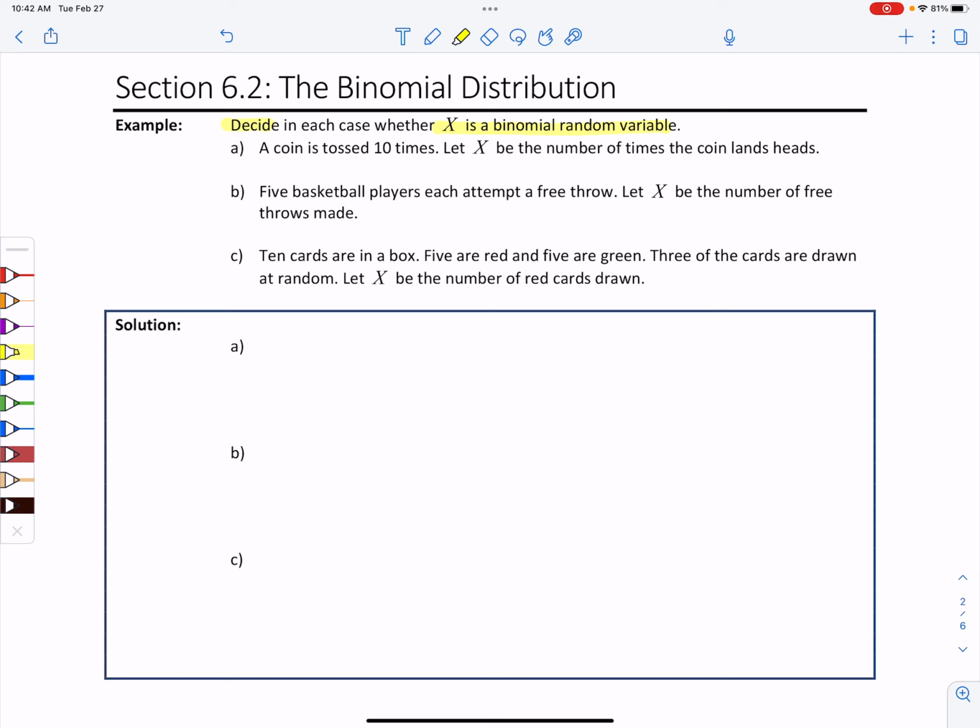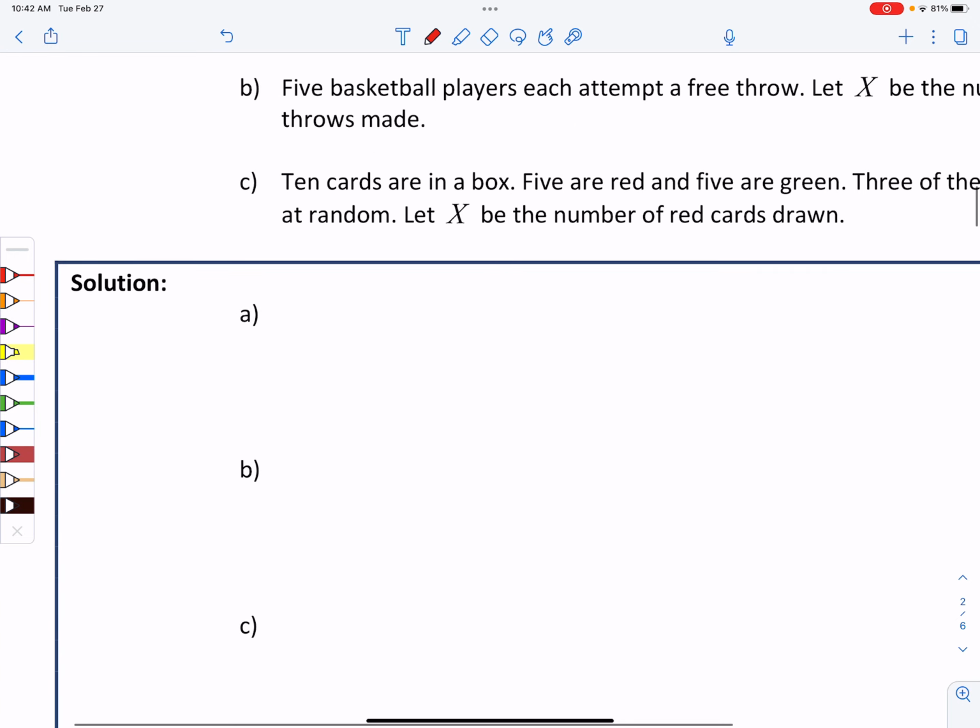So what I tend to look for first is success and failure, because if you don't have two outcomes, a definite success and failure, then you know right off the bat that what you're dealing with is not binomial. But typically when you're counting something, you do. So like in part A here, let X be the number of times that the coin lands on heads. Okay, the random variable is always counting your success.